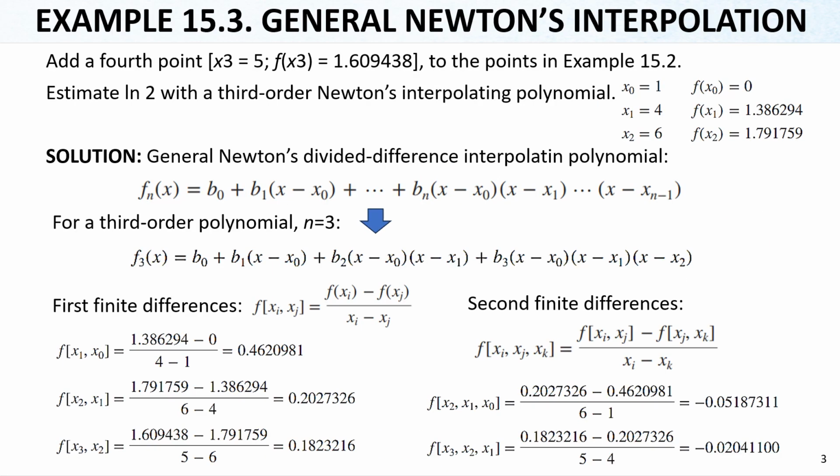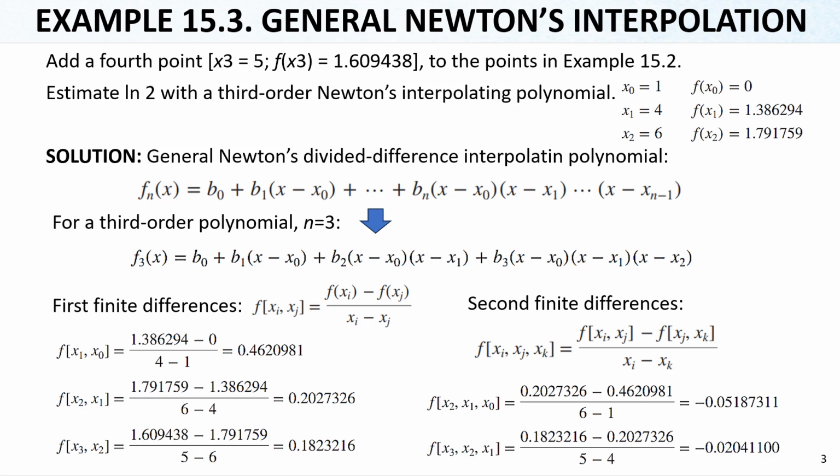Up to this point, we showed with examples the first order and second order interpolations using Newton's interpolation polynomials. And now we will show the general application of Newton's interpolation with nth order polynomials. And this is example 15.3, and we will use the same example to have a higher order polynomial for interpolation.